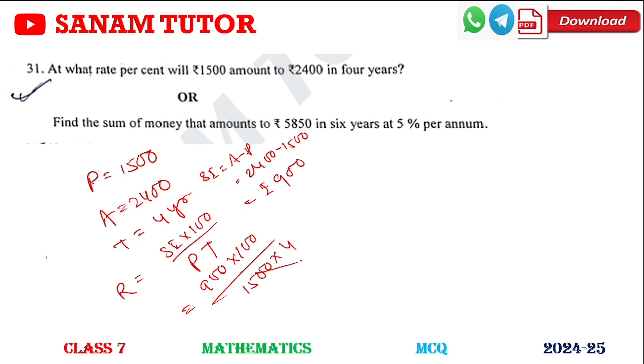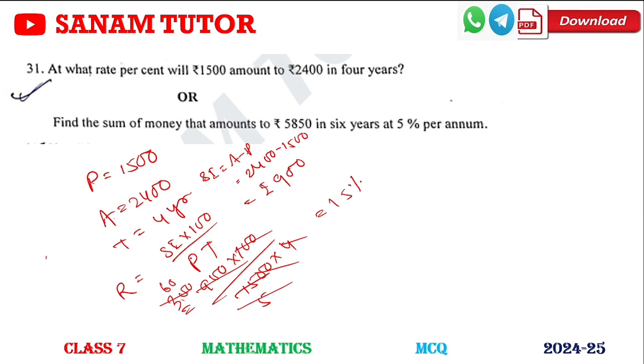The zeros cancel. So after cancelling, the answer is 15%.